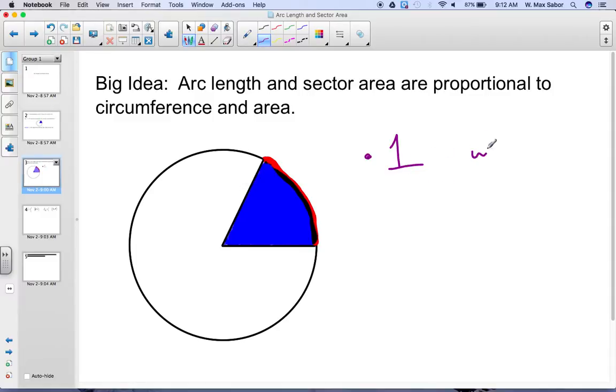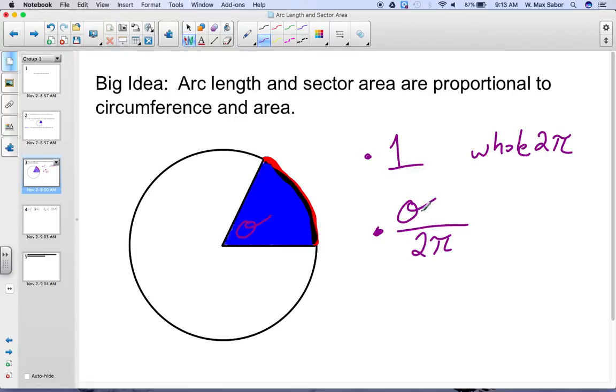If it were the whole 2 pi angles, 2 pi around. But if this angle is theta, we're going to be multiplying by theta because it's going to be proportional to that angle. And if it's the whole thing, we want this whole thing to be 1. So we're going to do theta over 2 pi as the factor.